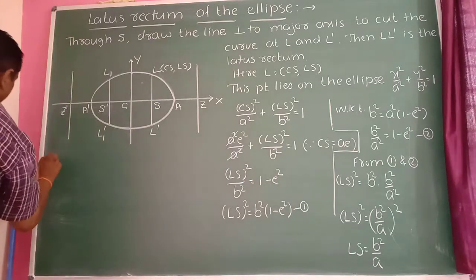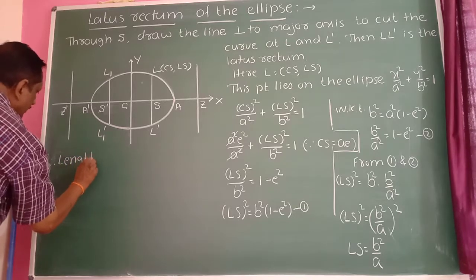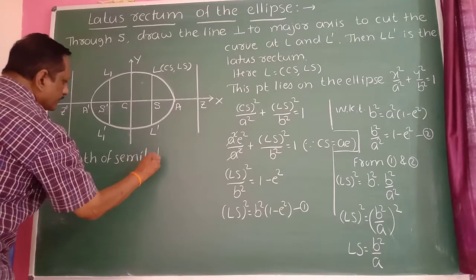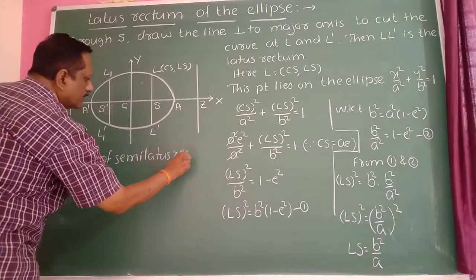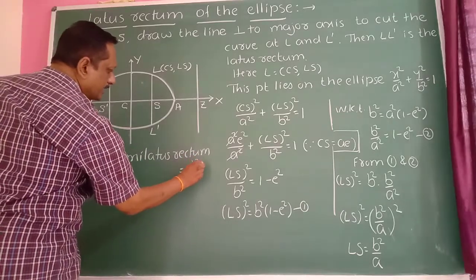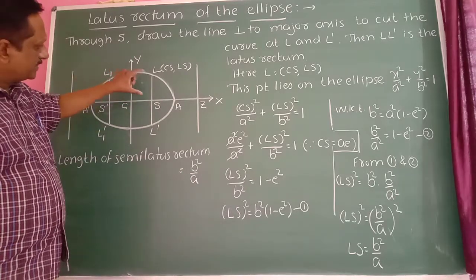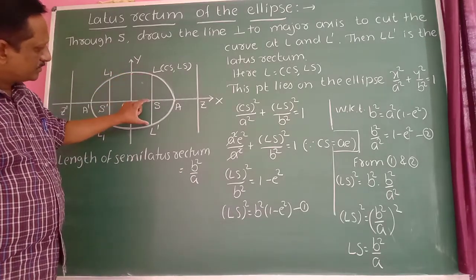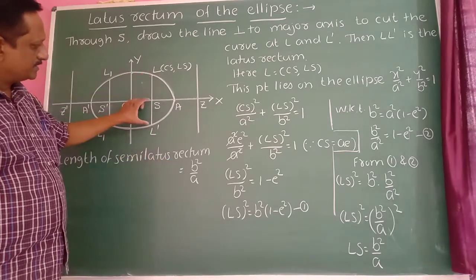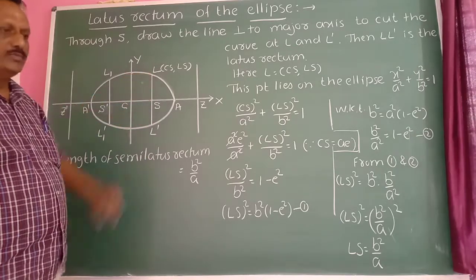Therefore, the length of the semi-latus rectum is equal to b square by a. And you know the curve is symmetrical, which means LS must be equal to SL dash. Both are equal. If this distance is b square by a, this is also b square by a. b square by a plus b square by a becomes 2b square by a.